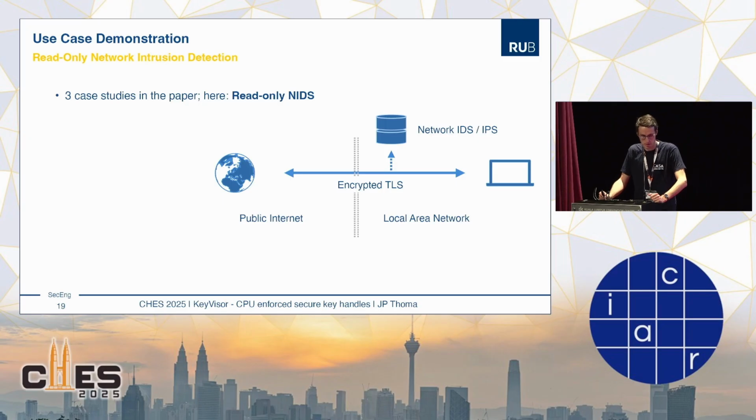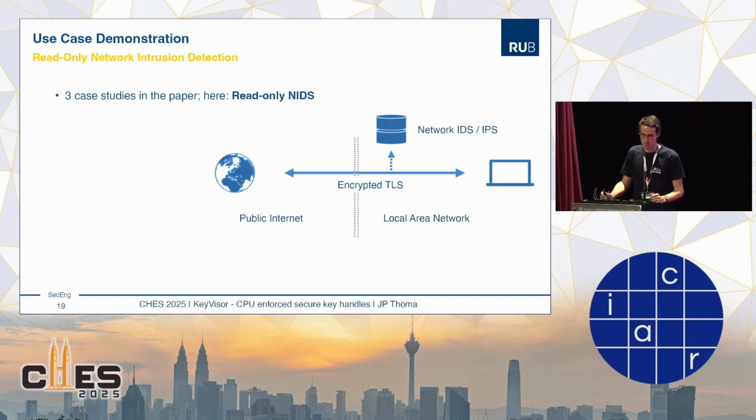You can imagine this very typical scenario where you have a client computer connected to the internet, and they want to have an encrypted TLS session to communicate securely. The computer is sitting somewhere in a local area network where there is an administrator who wants to make sure that there's no malicious traffic.